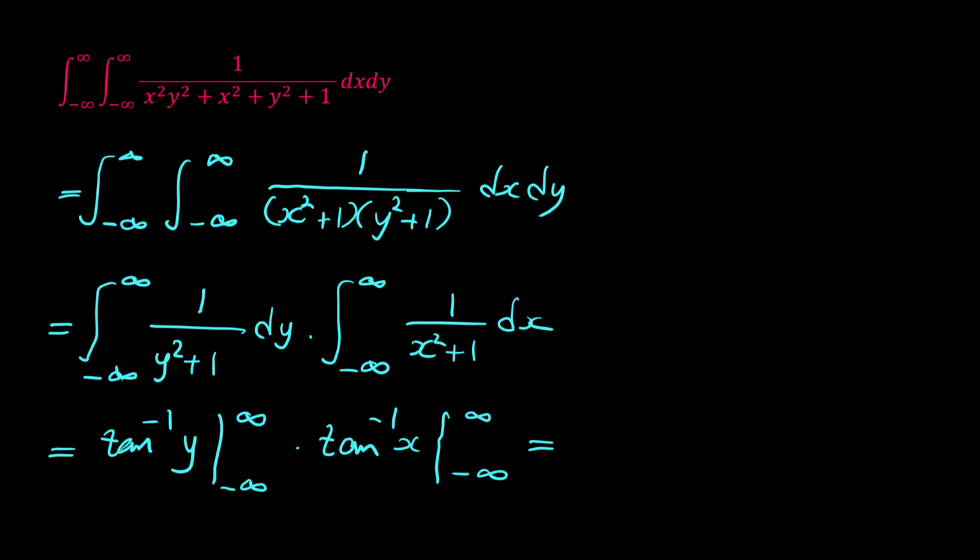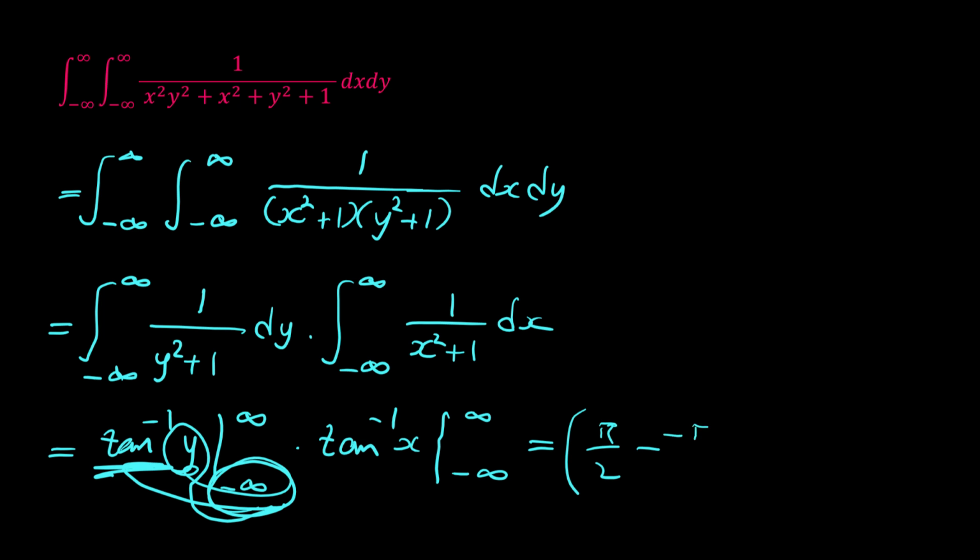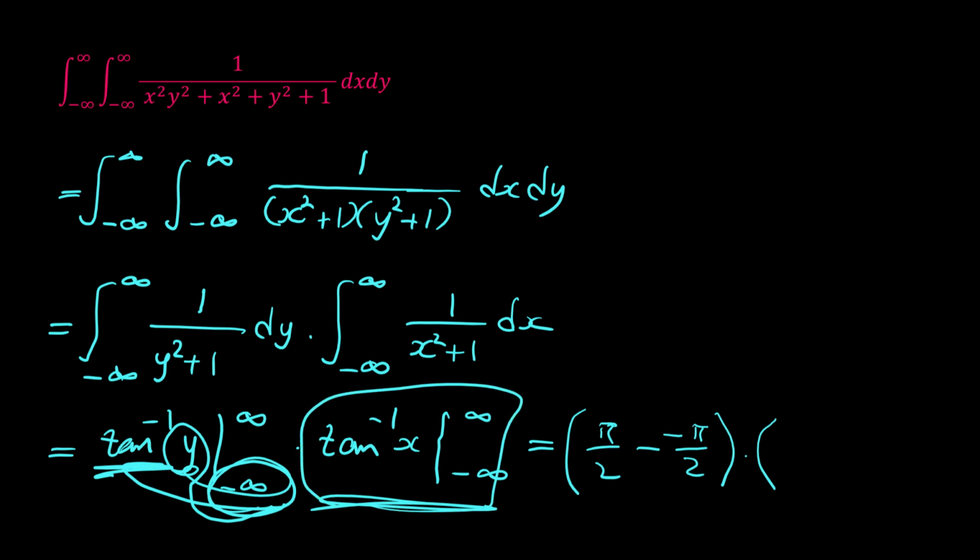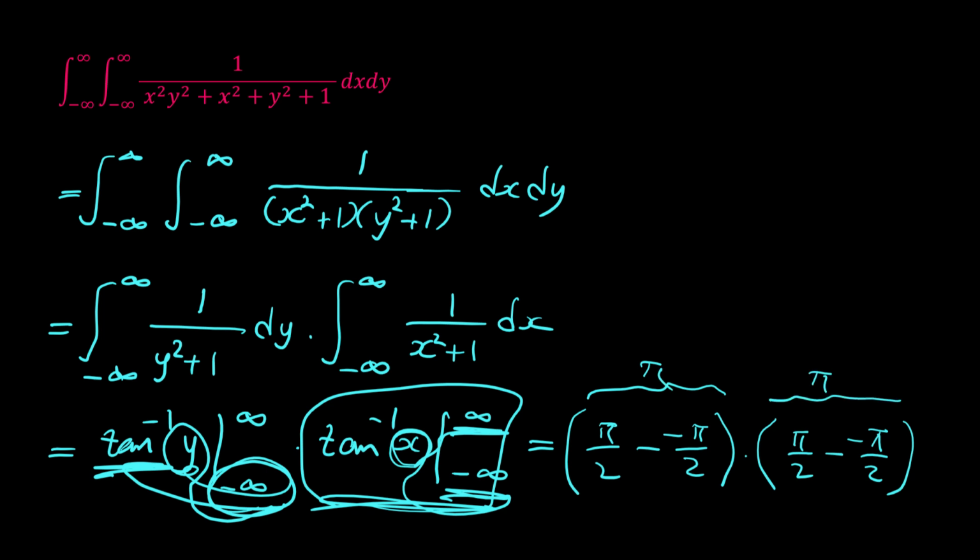So this equals pi over 2 minus, when y approaches negative infinity, tangent inverse of negative infinity is negative pi over 2. For the second expression we have the same thing. When x approaches infinity, we have pi over 2. When x approaches negative infinity, negative pi over 2. The first bracket is pi, the other bracket is also pi, so the answer is pi to the power of 2.